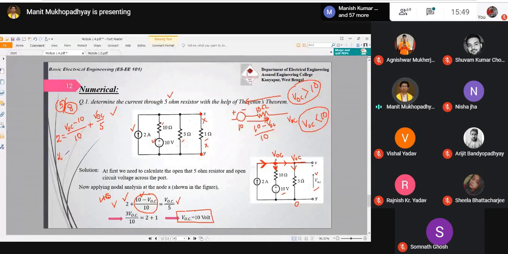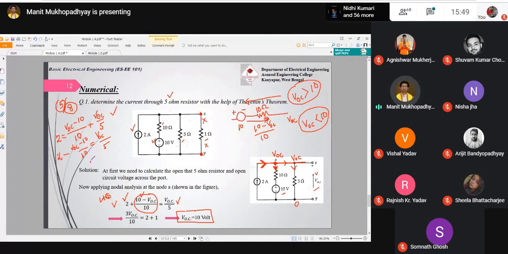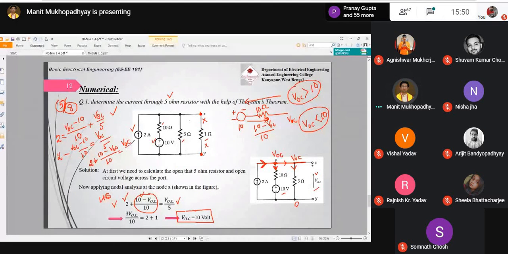Then I am writing it like this: 2 minus VOC minus 10 by 10 equals VOC by 5, or we can write again 2 plus 10 minus VOC by 10 equals VOC by 5.